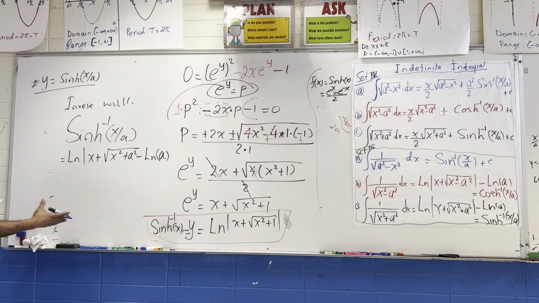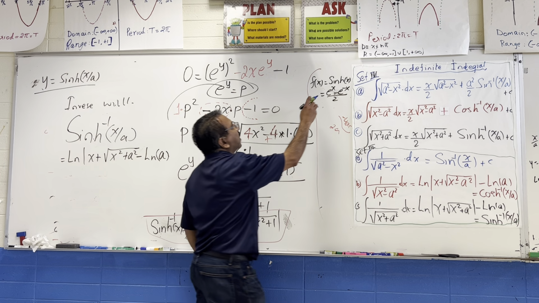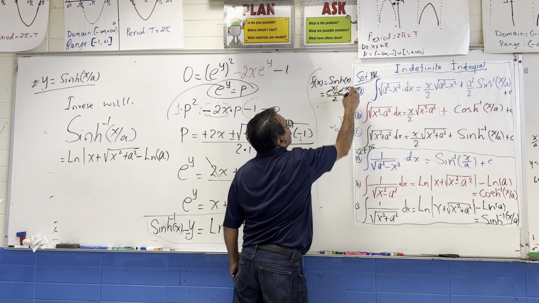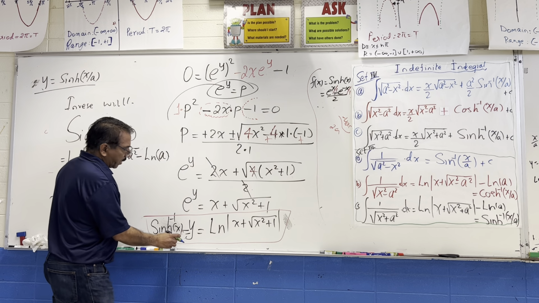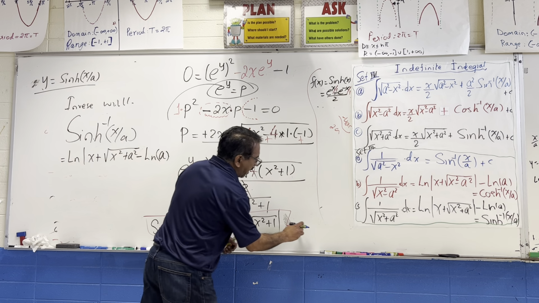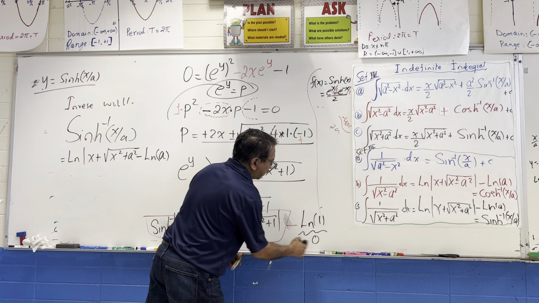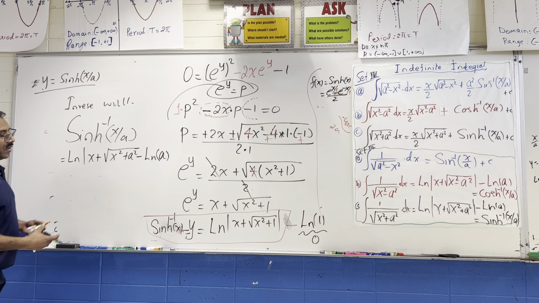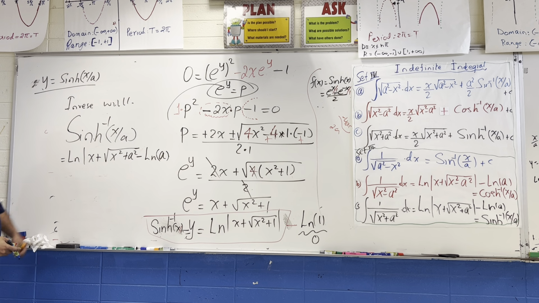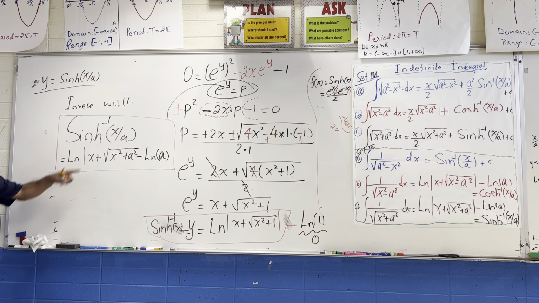Because in this example, it's x over 1, right? So we did take this was x over 1, and that's why you see it's divided by 1, and there's minus ln of a, which is 1, and ln of 1 is 0, so you don't have to write it down. But if it is something different, then that's how the formula works. This is if it is x by a.